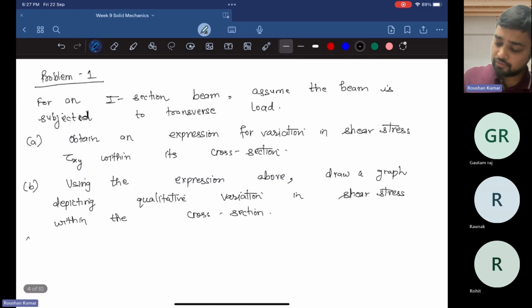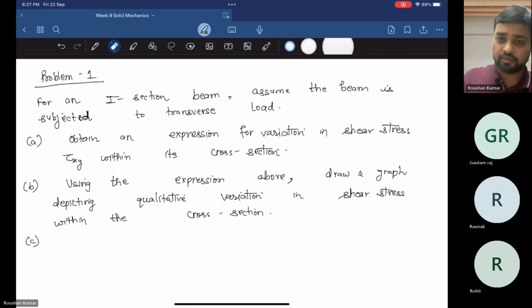And the third part of the question is: where is the shear stress maximum?